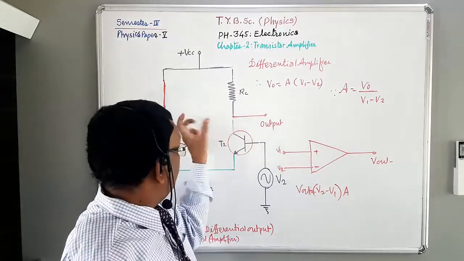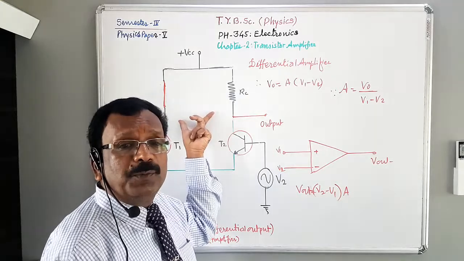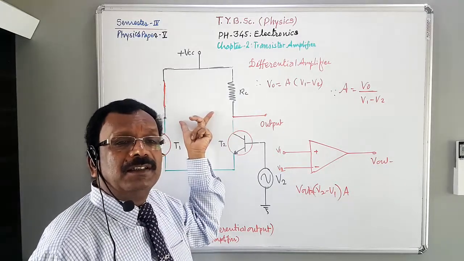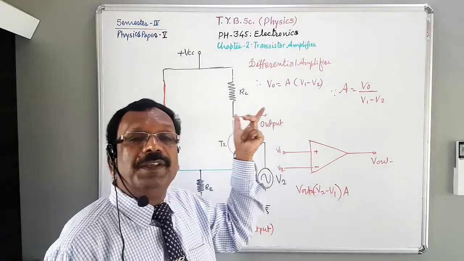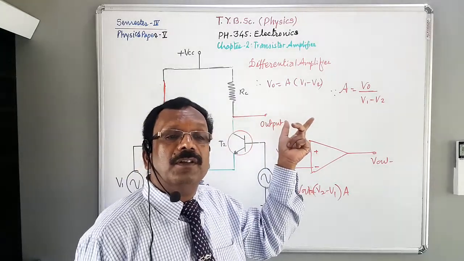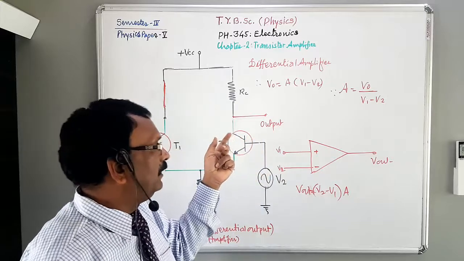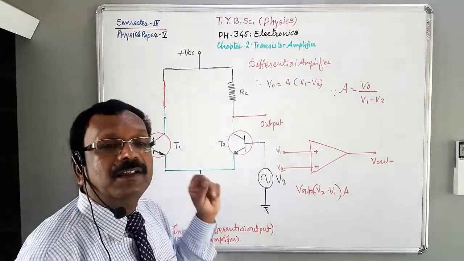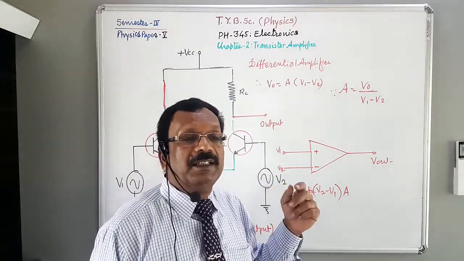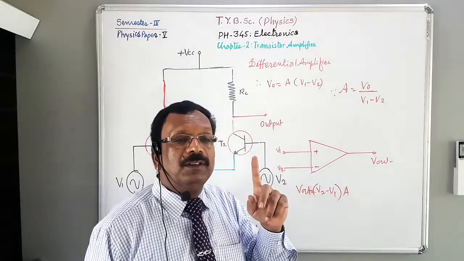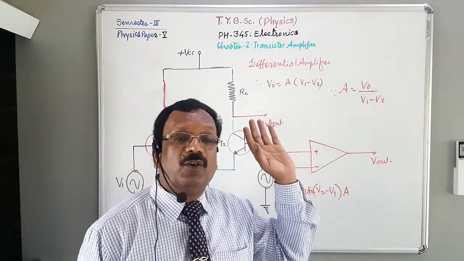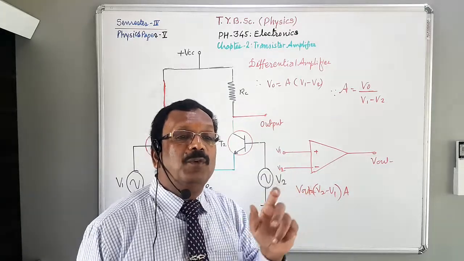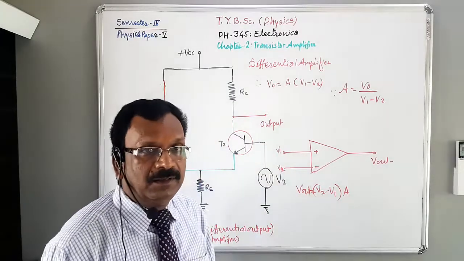In differential output, that is when there is two-ended output, the differential gain is A equal to V0 upon V1 minus V2. That is, gain is nothing but output voltage divided by difference in input voltage. But here in single-ended output, the voltage gain is half as much as the differential output, as output is coming from only one collector.